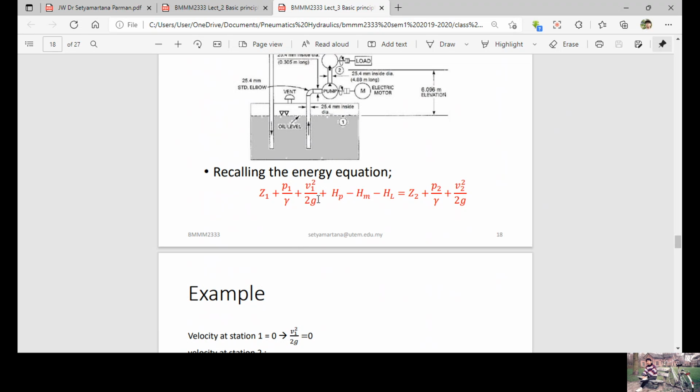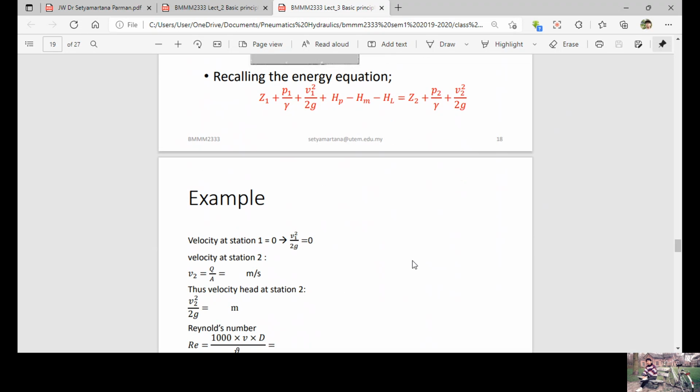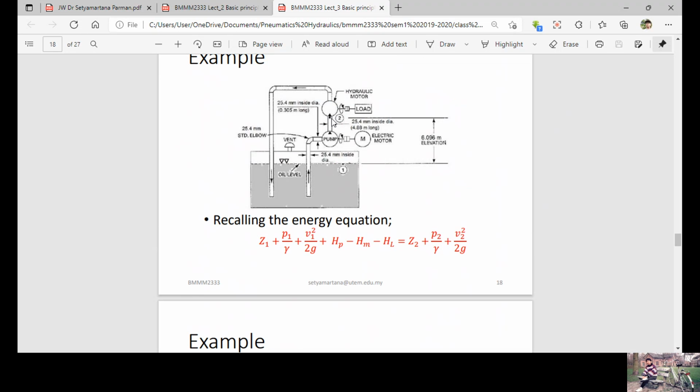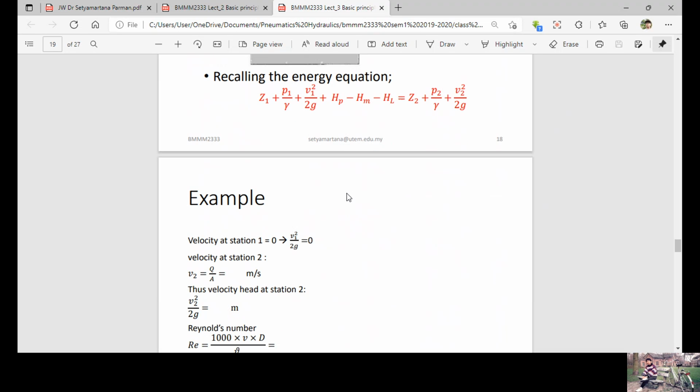So the value of V1 squared over 2G is 0. And then if we see position 2, of course, the fluid has a certain velocity.